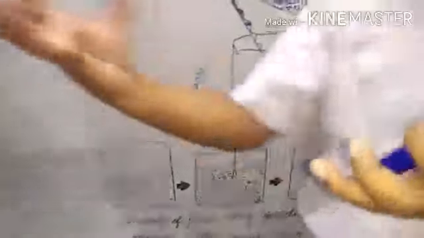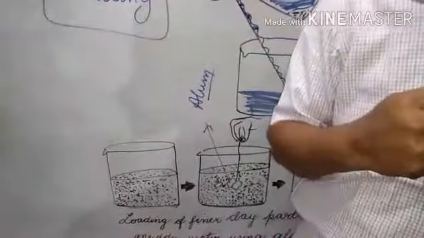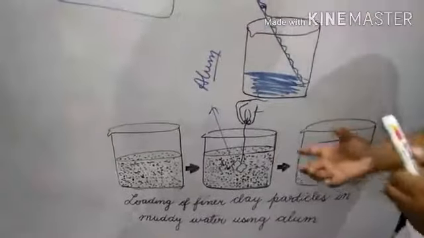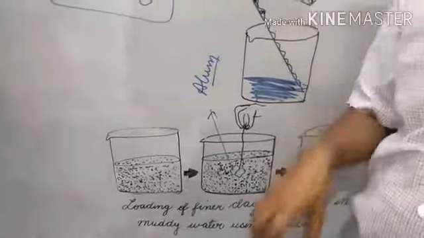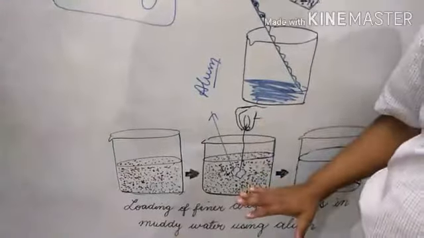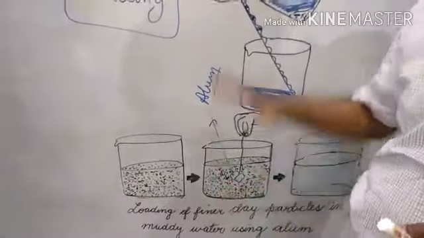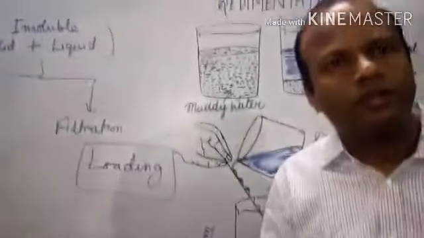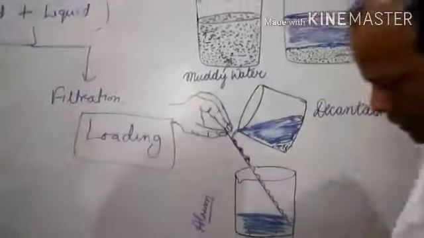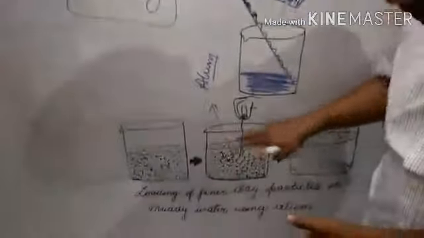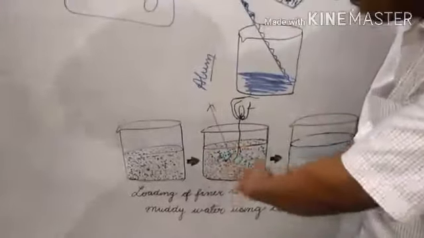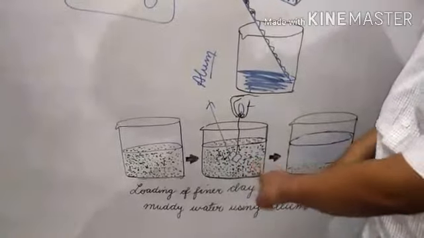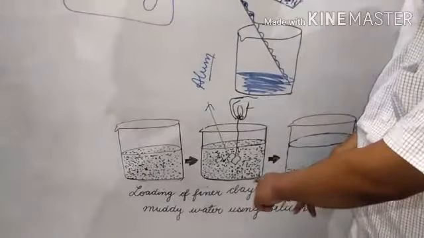It has the property to mix with the particles. The heavier muddy particles will settle on their own, but the finer particles remain in the whole liquid, in the supernatant liquid. So what does loading do to them?